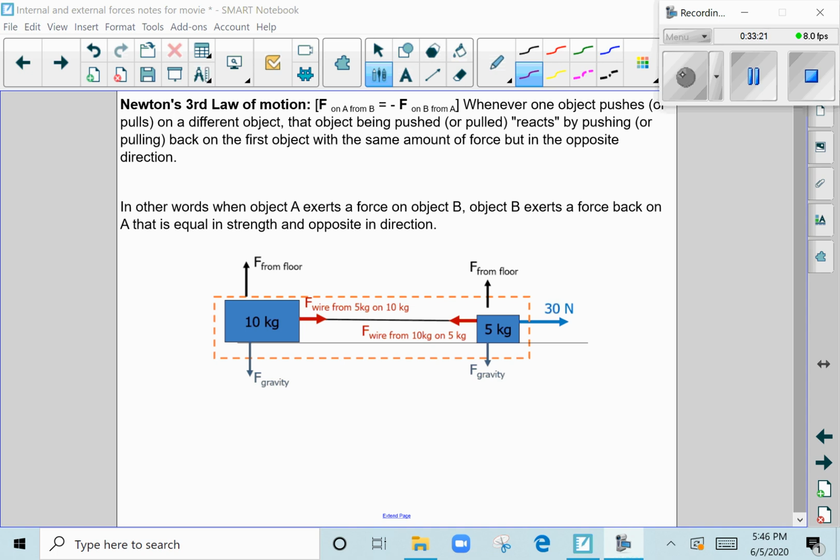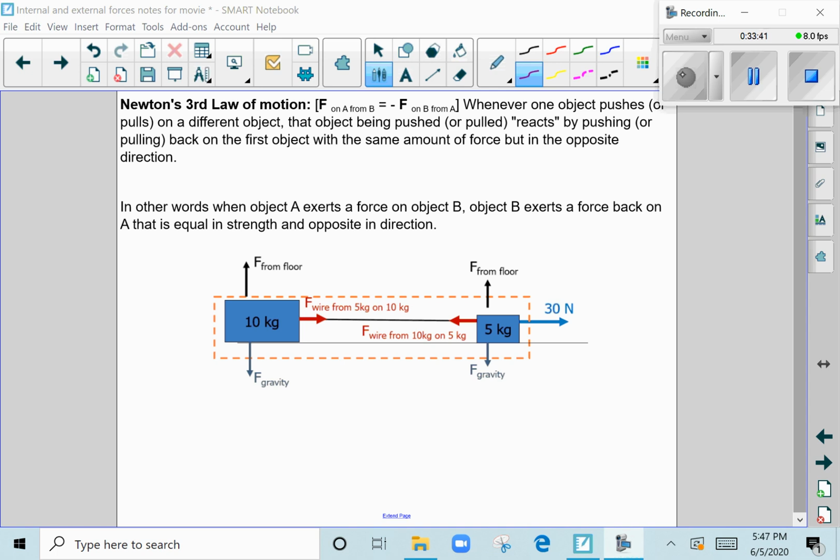So in our problem, when the 5 kilogram block causes the string to pull the 10 kilogram block to the right, the 10 kilogram block in reaction is going to cause the string to pull the 5 kilogram block to the left, equal in magnitude, but again in opposite directions.